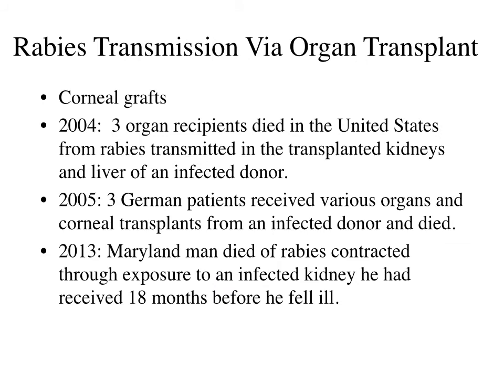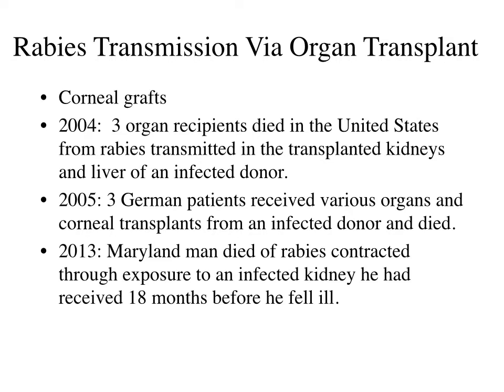Although the primary mode of transmission of rabies is certainly through the bite of an infected animal, we have seen cases where rabies was transmitted through organ transplantation. Organ donors are checked for a slew of infectious diseases, including HIV, herpes, hepatitis, and cytomegalovirus.